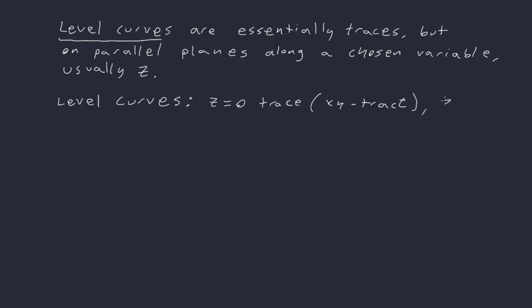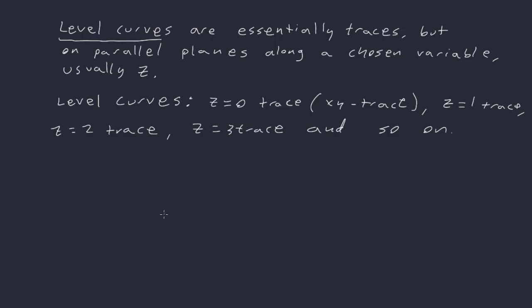Then you might do the z equals 1 trace, the z equals 2 trace, the z equals 3 trace, and so on. And doing this will give you, it's not so much a skeleton of the curve anymore, it's more like a representation of it at different heights.